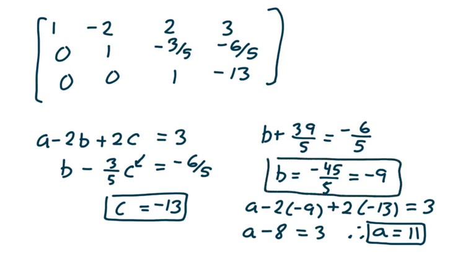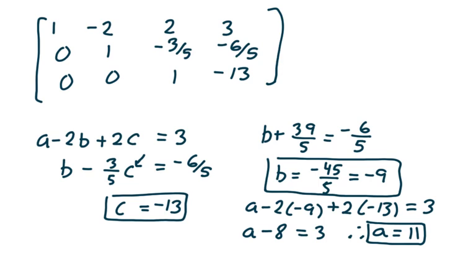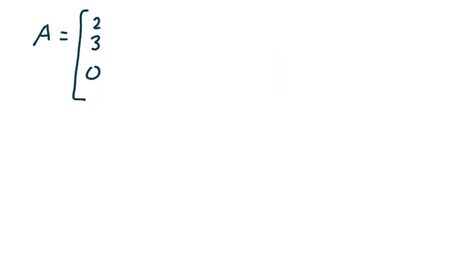Okay. Now, after all that work, I can make my substitution. So A, now in the first column we get 2, 3, 0, right? And if I make my substitution for A, B, and C, it's just kind of a nice way to check our work.